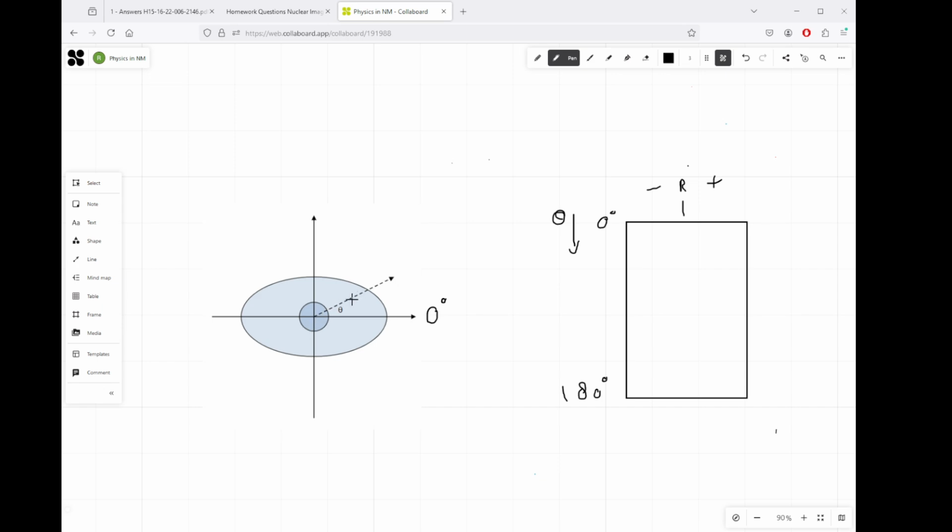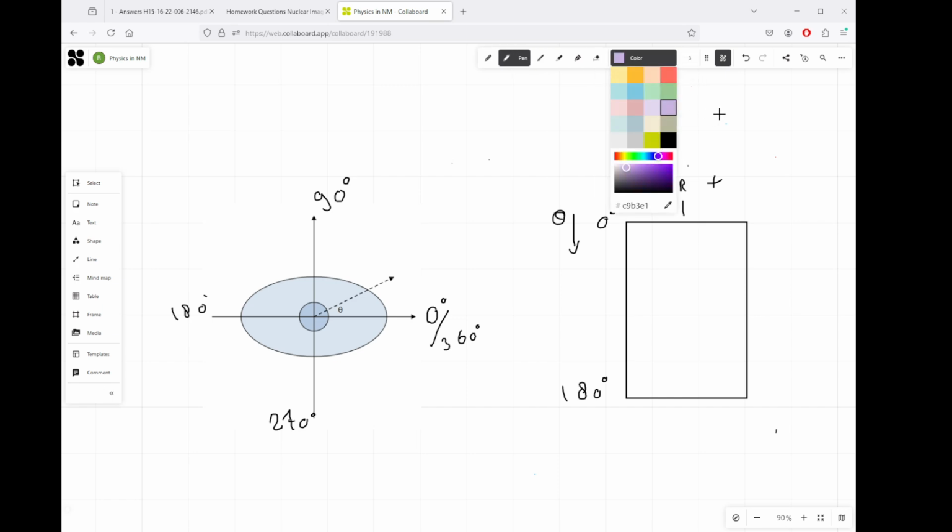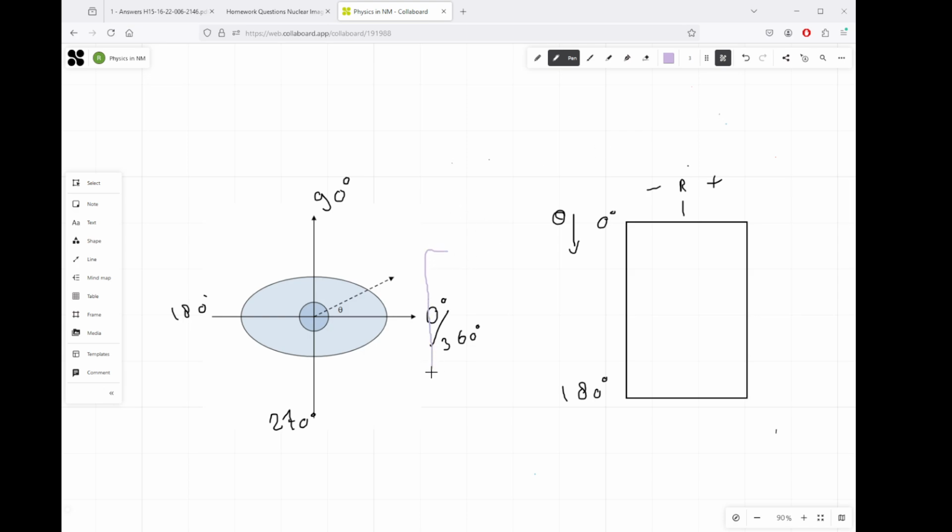So this is 0, this is 90, over here 180 degrees, 270 degrees, and over here 360 degrees. Alright, let's start with the first detector at 0 degrees.